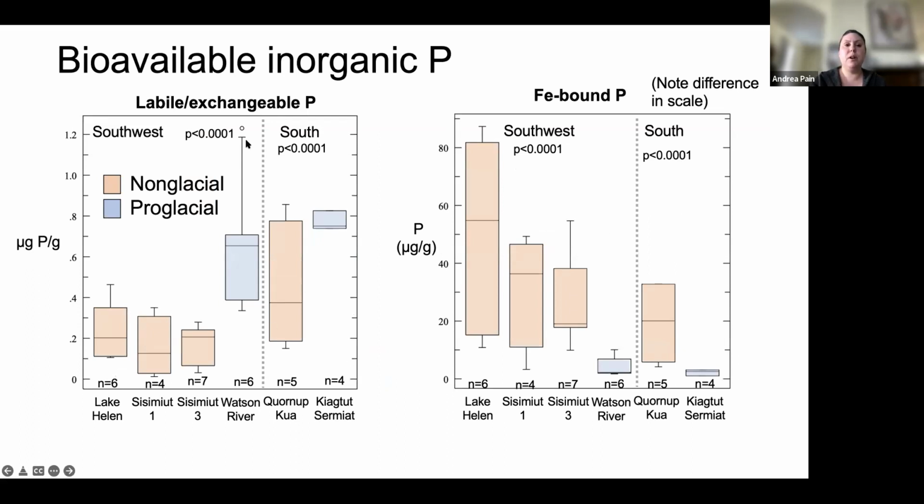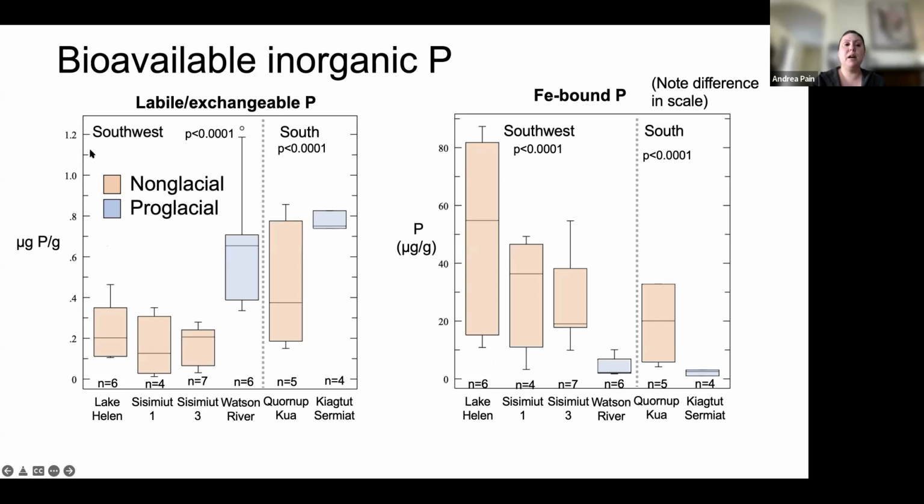If we look at the more labile forms, however, we see somewhat of a different story. So the labile or exchangeable phosphorus, we see that the glacial systems have significantly greater amounts of this labile phosphorus in both the southwest and the southern sites compared to any of the deglaciated watersheds. And the iron-bound fraction we see is significantly higher in the deglaciated watersheds compared to the glaciated watersheds.